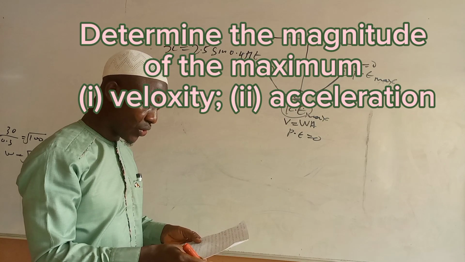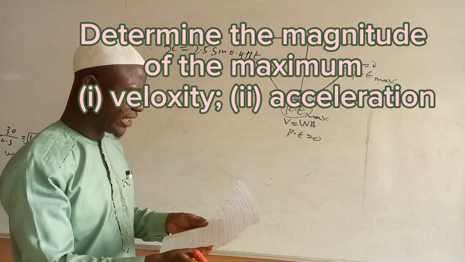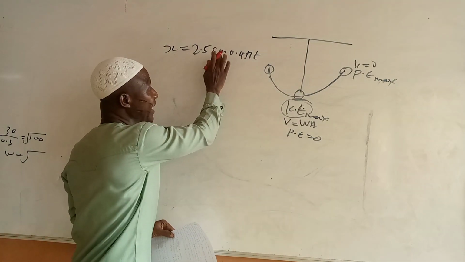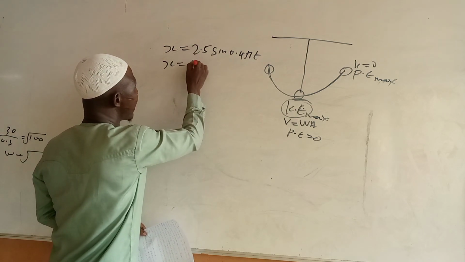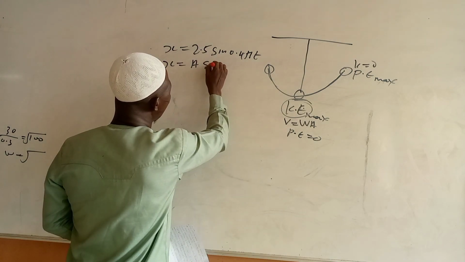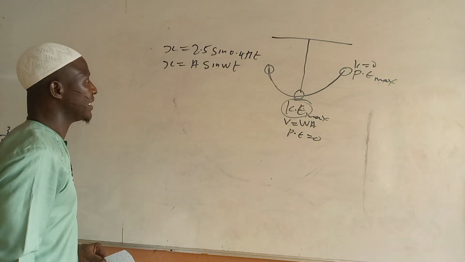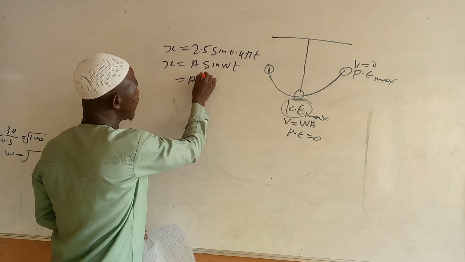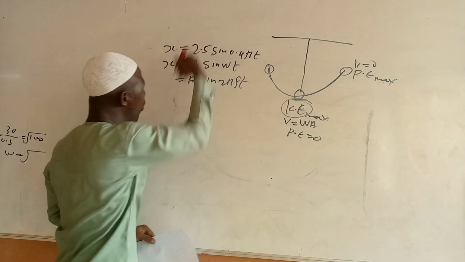Determine the magnitude of the maximum velocity and maximum acceleration. To get maximum velocity, you will rewrite this equation. Don't forget the one that says x is equal to A sin omega t. So this omega, you change it. That is A sin 2 pi f t. You now compare.